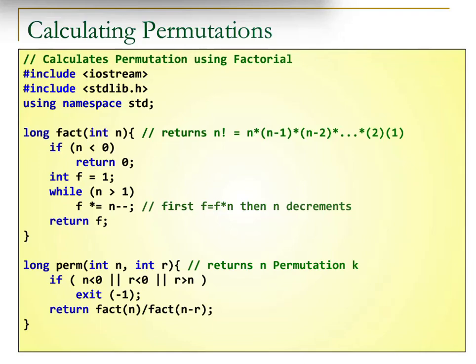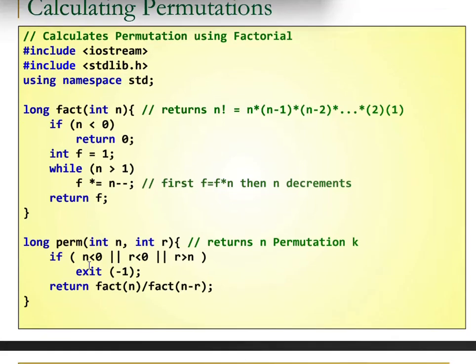Here is an example for calculating the permutations. So here you can see we have used two functions before our main function. The first function calculates the factorial of a number n, and then the second function uses the first function, the factorial function, to calculate the permutation.